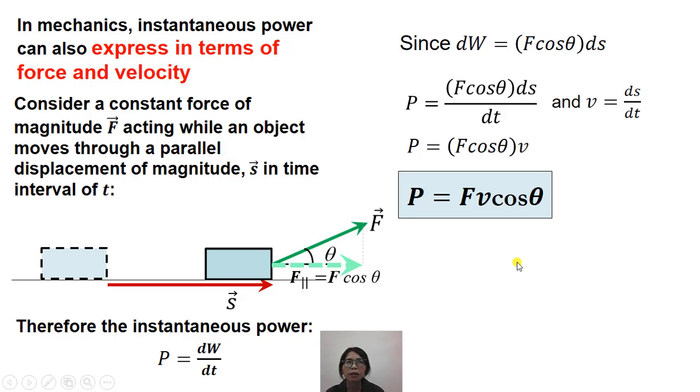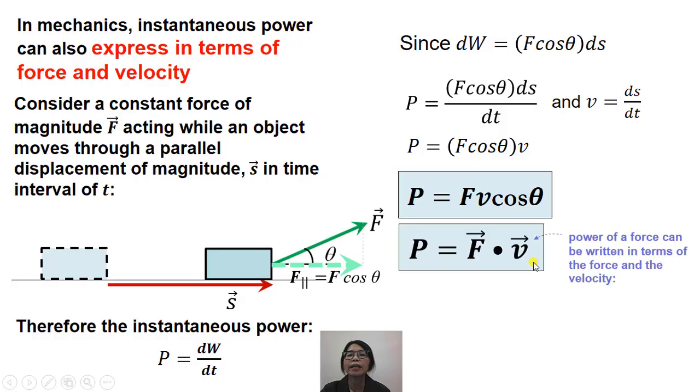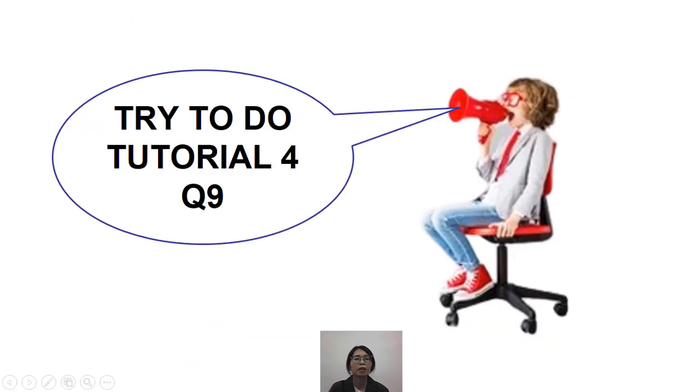If we recall the scalar product that we discussed at the beginning of the topic, we know that FV cos theta is the dot product. So we can rewrite it as P equals F dot V. So class, you can try the tutorial for question 9 by referring to the concept of power we discussed in this video.